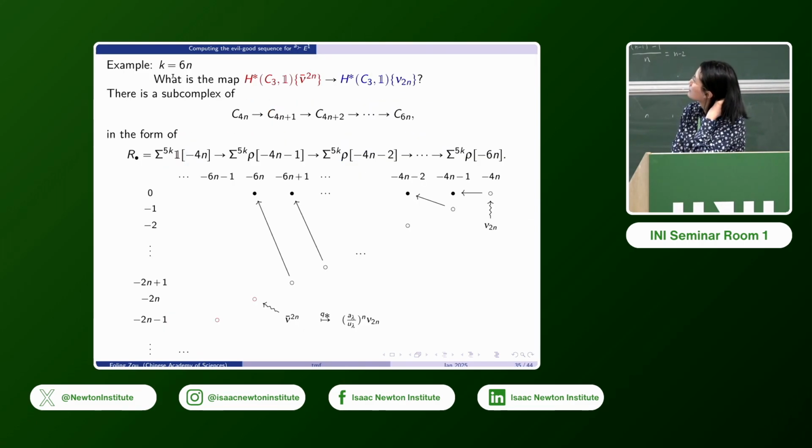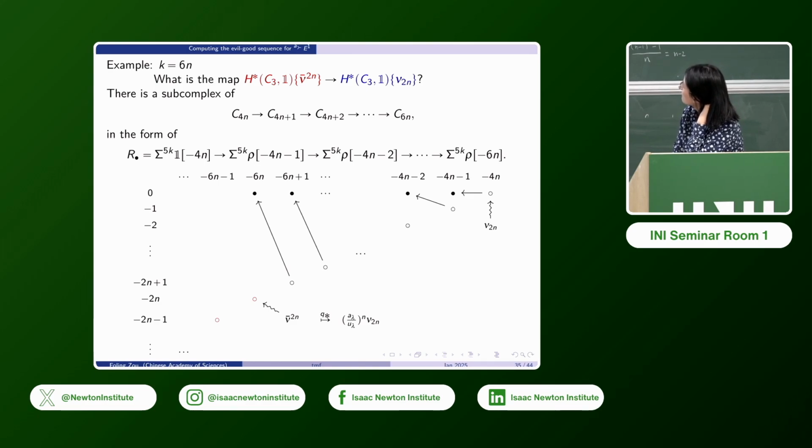So let's look at this case where k is 6n, and the corresponding weight 6n elements are mu bar to the 2n and this mu 2n. And the question is, what is this map? Okay, so this mu 2n, we can analyze it.